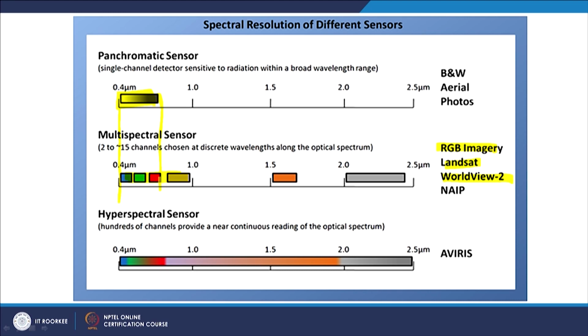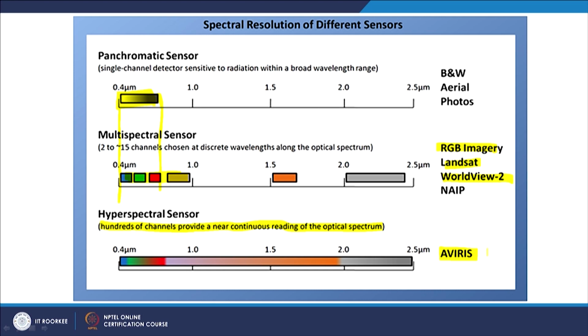In hyperspectral sensors, there will be maybe 250 or 255 continuous channels. So, hundreds of channels provide a near continuous reading of the optical spectrum. For example, a very famous hyperspectral sensor is Everest, which was developed somewhere in 1993-94.